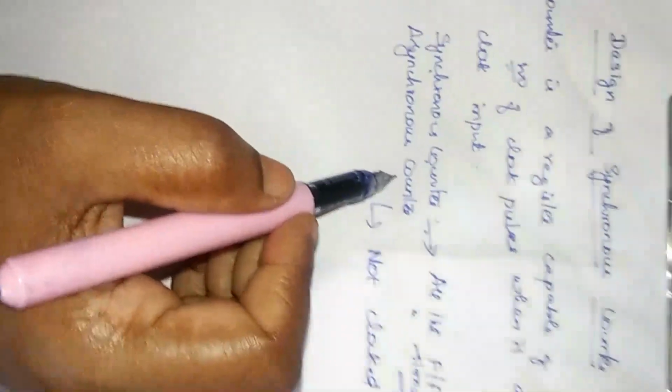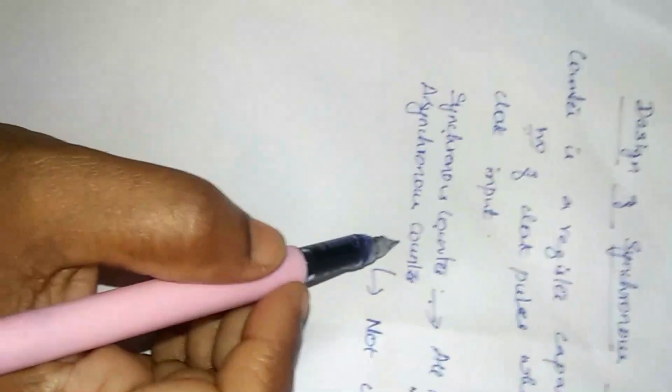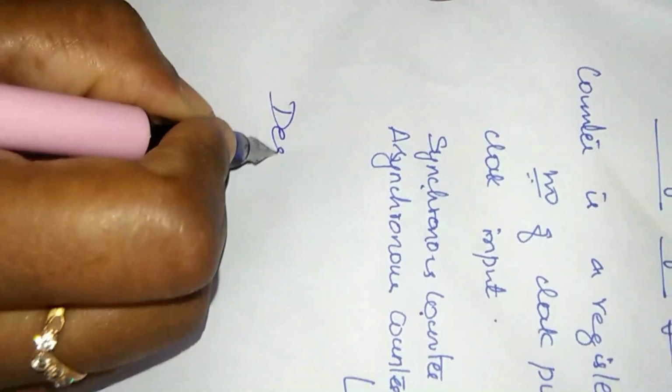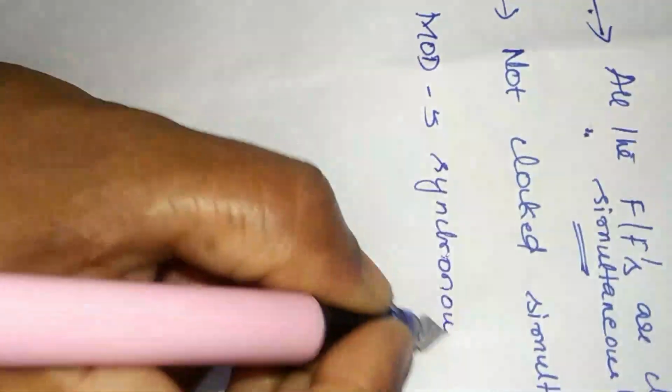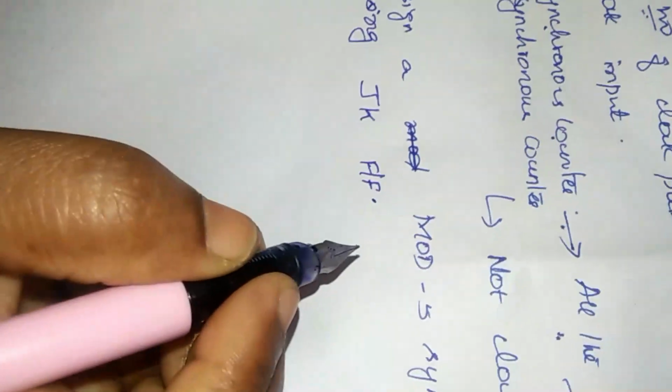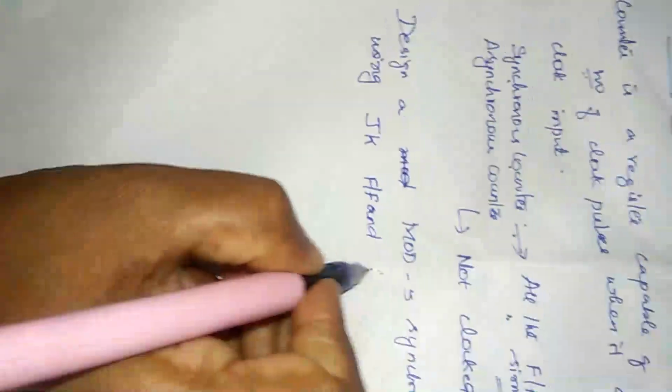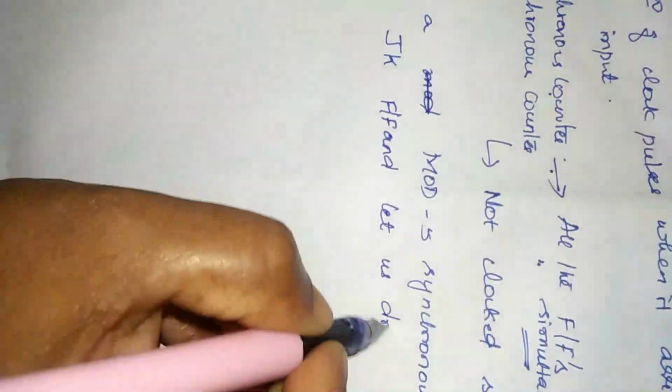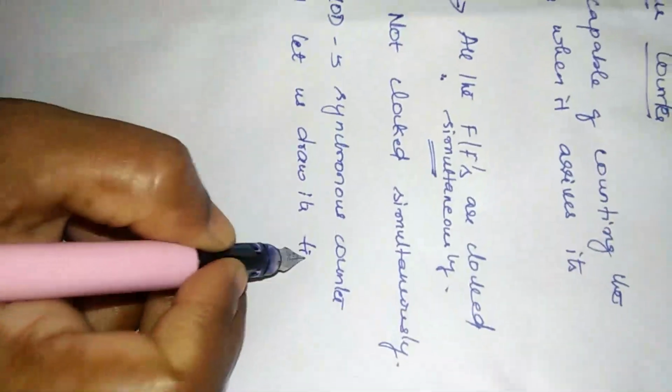Clear? Now, when we have to design a synchronous counter, there are certain procedures that we have to follow. Let us take an example problem: let us design a mod 5 synchronous counter using JK flip-flop, and let us also draw its timing diagram.